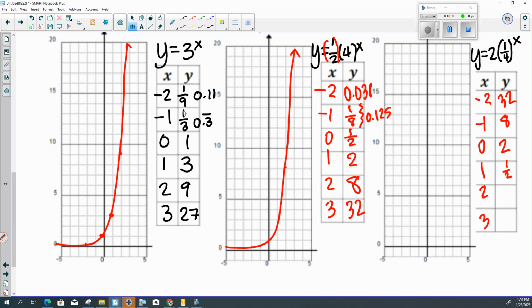An eighth and a third, 1 over 8, 1 over 32. So this is our first exponential decay one that I'm showing. Negative 1/8 is fine. The y-intercept is 2. 1 is a half, I can do that. And then they just are supposed to get so small so fast.